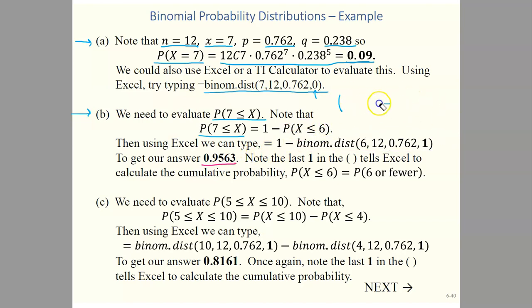Now let's take a look at part C. Now for part C, we wanted to find the probability of getting between 5 and 10 drivers wearing seat belts out of 12, inclusive, meaning X can be 5 or 10, or any number in between. So we want to evaluate this probability right here.